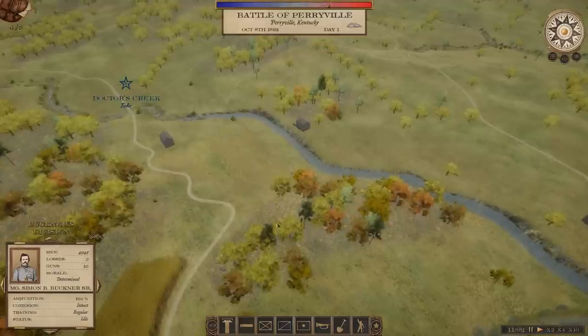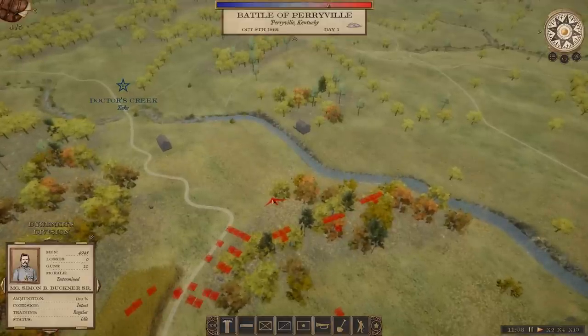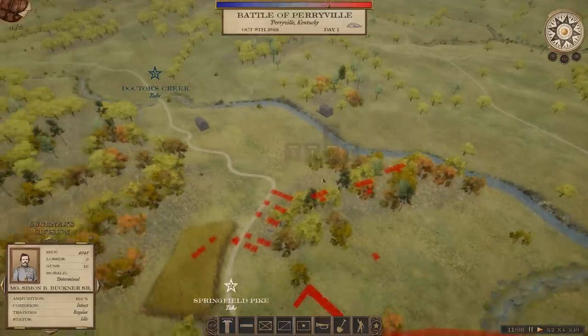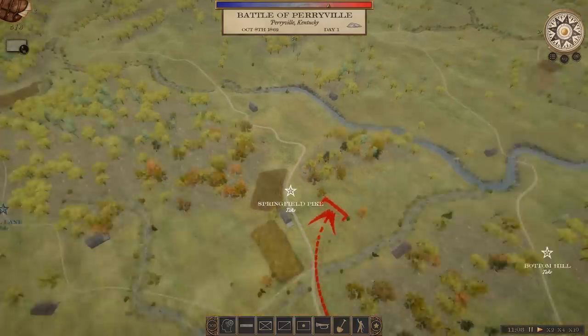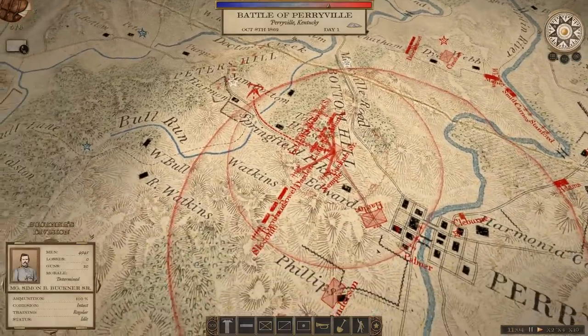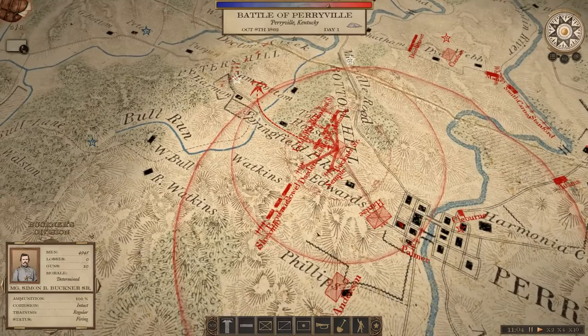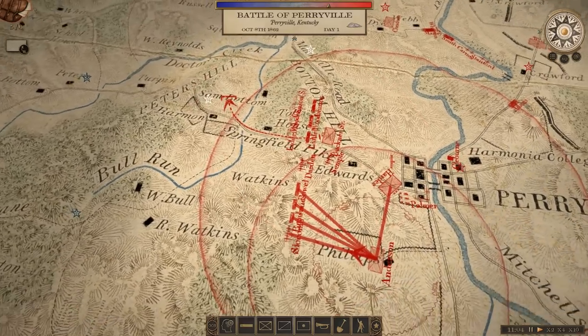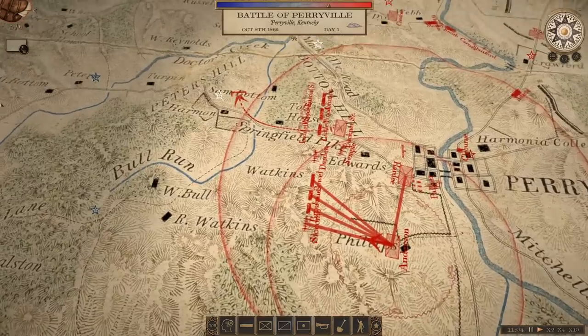Let's move Buckner to Peters Hill. There's a good covered position in these woods. And while orders are being distributed to Buckner, we've got Anderson deploying on his left.